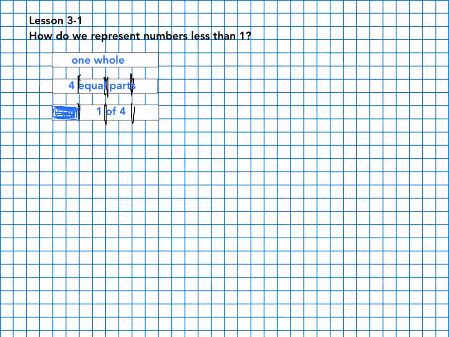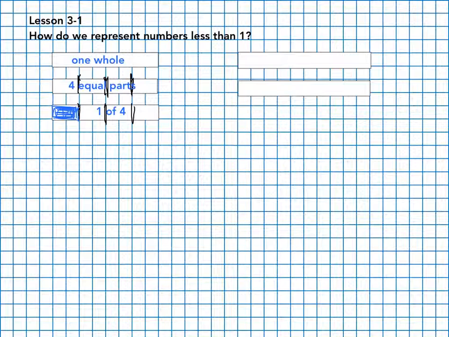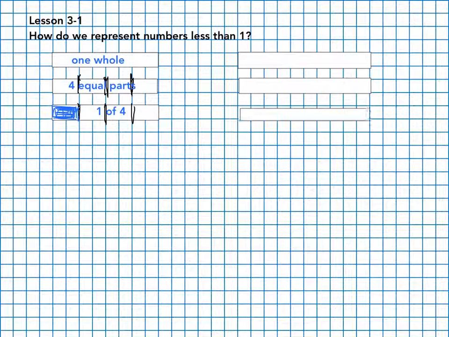Let's put that one right here, and let's make another one here. Again, these are all identical. We're going to pretend that I'm not working on an iPad, and that I'm working on something that makes it a lot easier to make the identical shape.